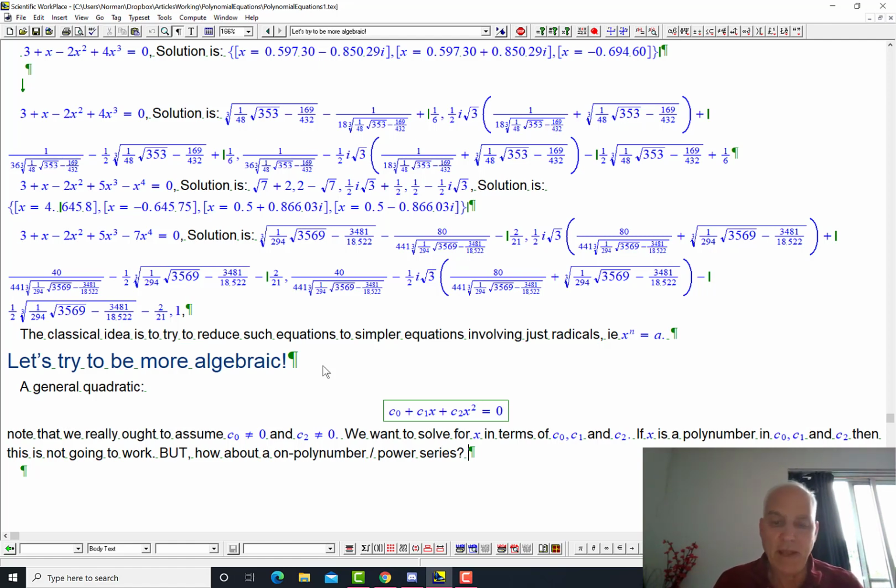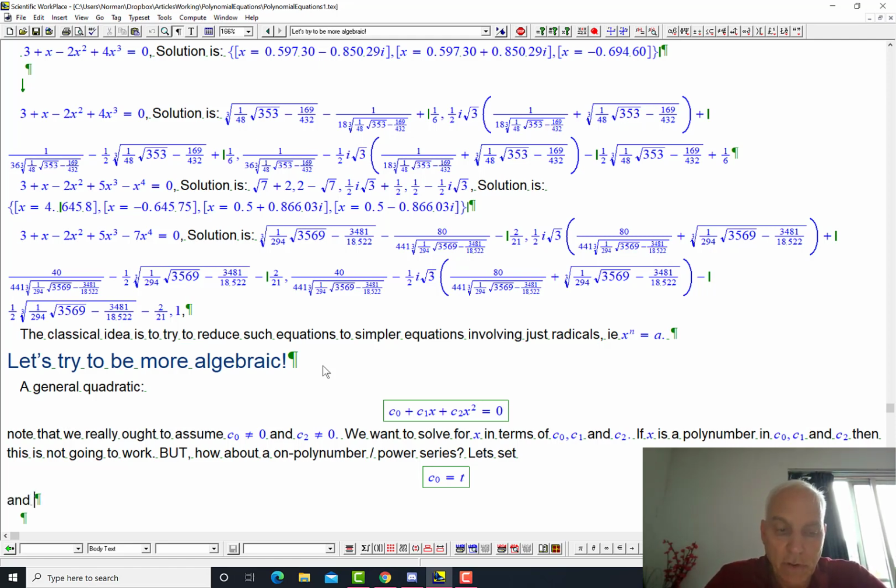And so for that we need a variable, and we're going to choose one of these things to be a variable. Why don't we try C0? Let's set C0 equal to, say, t, and think of this as a variable for a power series.